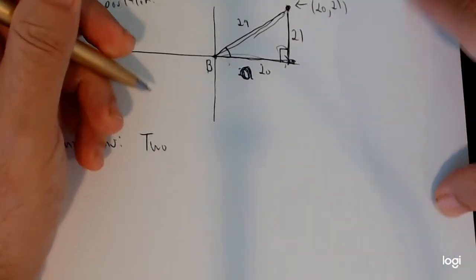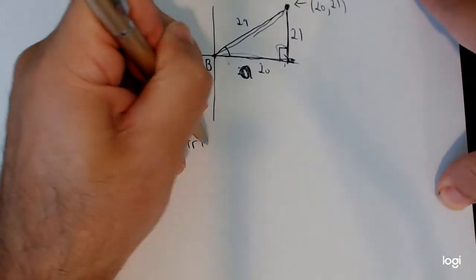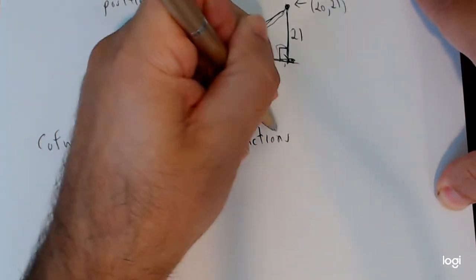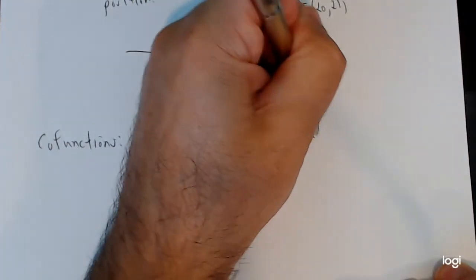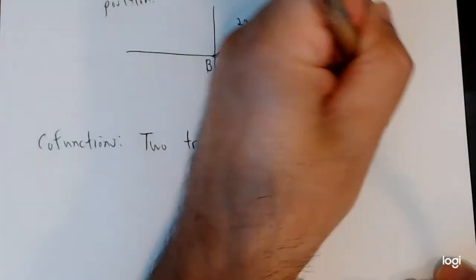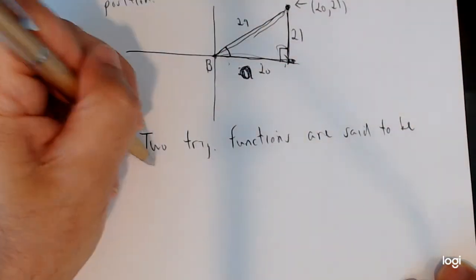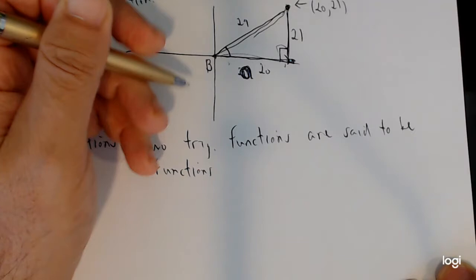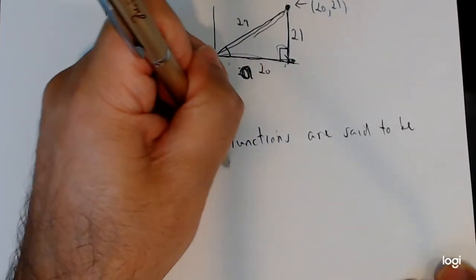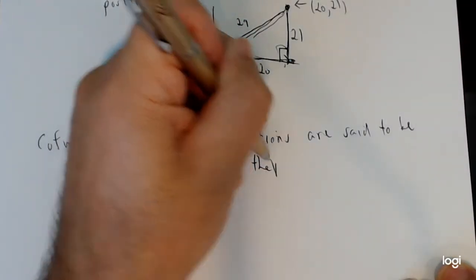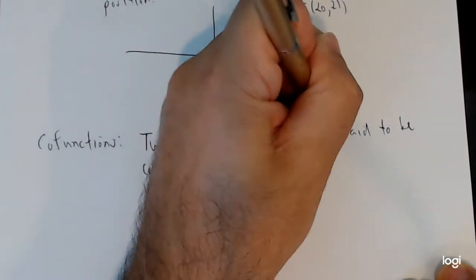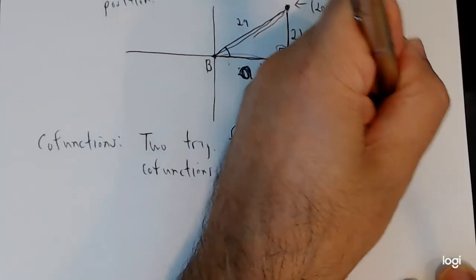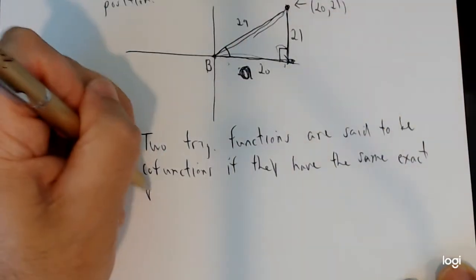So we would say that two trig functions are said to be cofunctions if they have the same exact value.